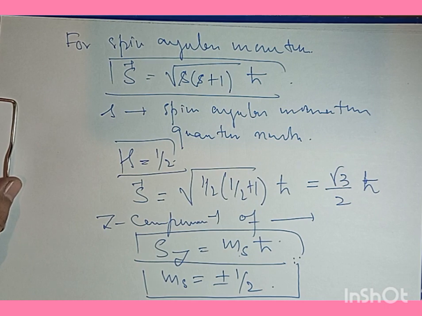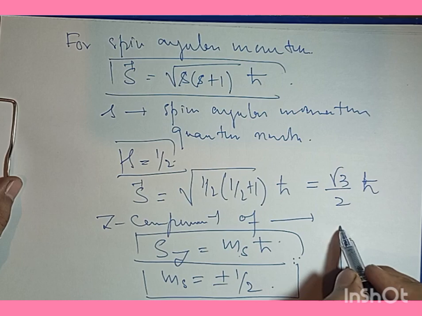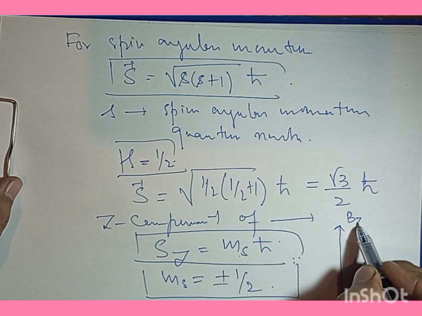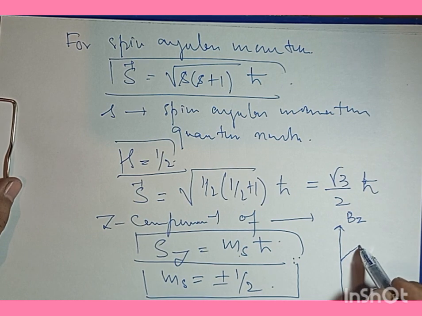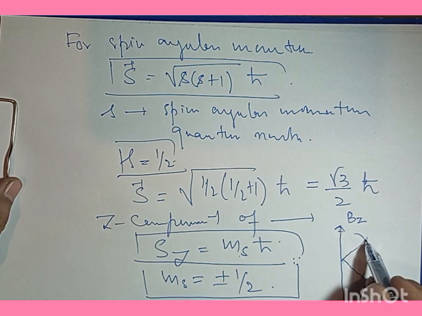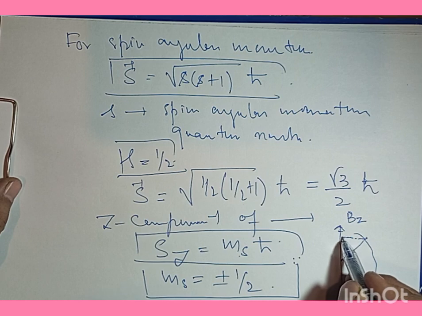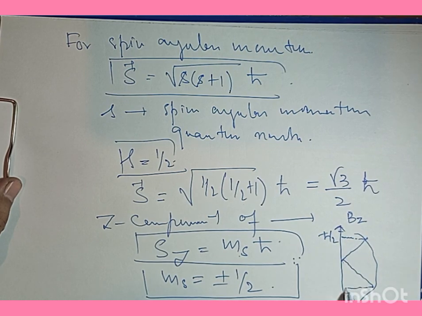So if we take the z component in this direction, say for example this is pz, we will have one value, and we will have another value, and this will correspond to h cross by 2, and this will correspond to minus h cross by 2.